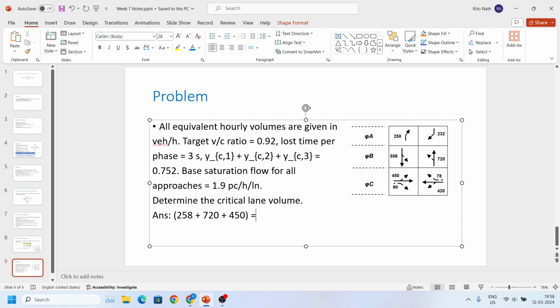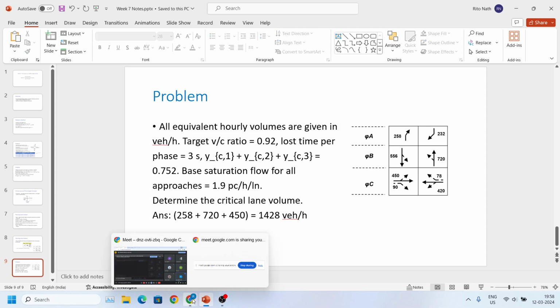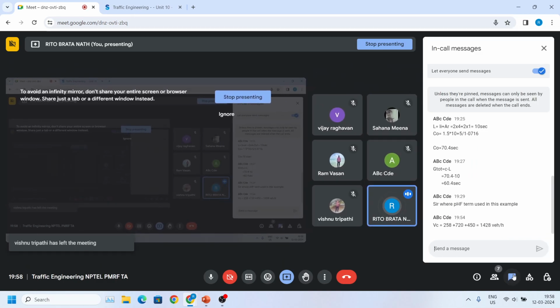So if you add that up, you will get 1428 vehicles per hour. Is it the answer that you got? Yeah, that's the correct answer.